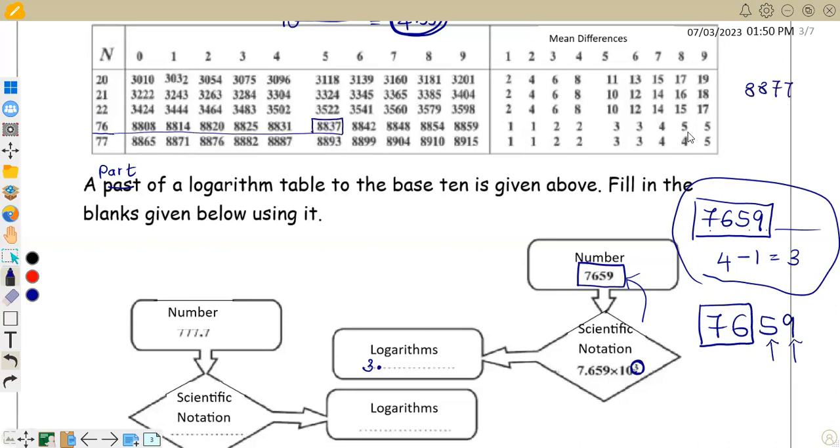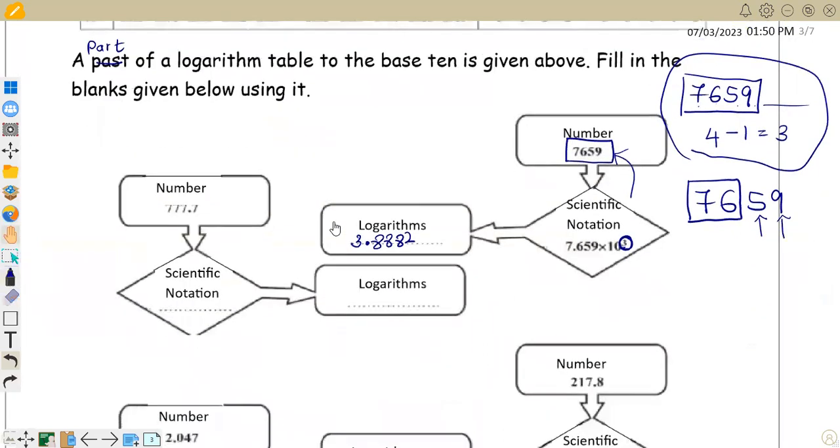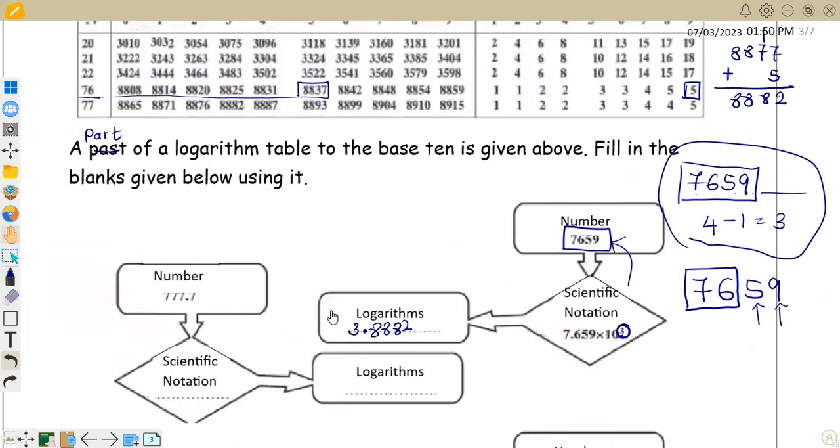And you have to consider the 9th column in the mean difference. It is 5. And you have to add these two together. 5 plus 7 is 12. Then it is 8882. Then the logarithm of 7659 to the base 10 is equal to 3.8882.